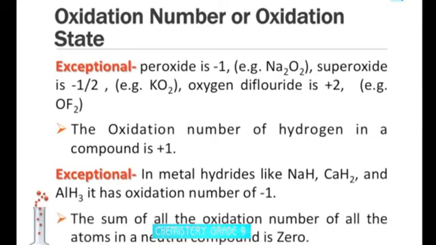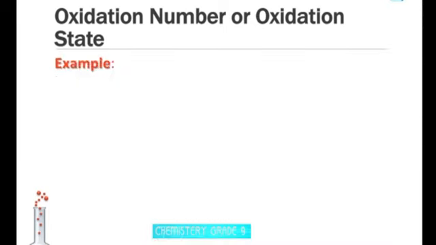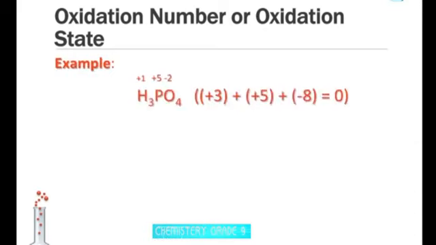Another rule is the sum of all oxidation numbers of all the atoms in a neutral compound is 0. For example, we know that the hydrogen in a compound is +1. We know that the oxygen is -2.